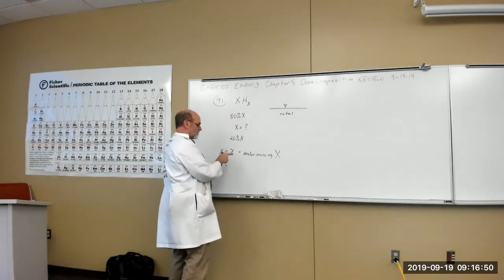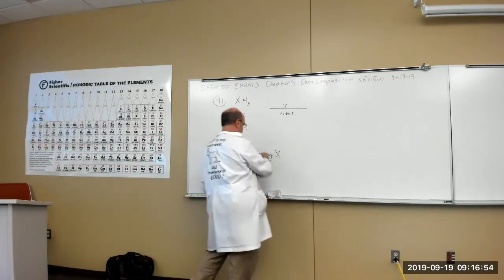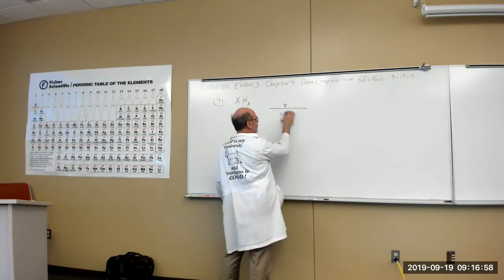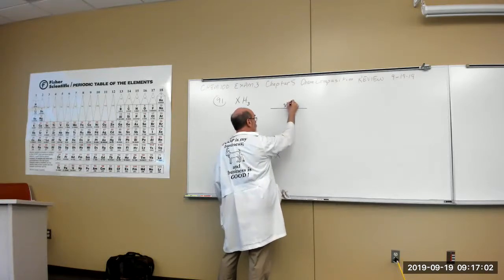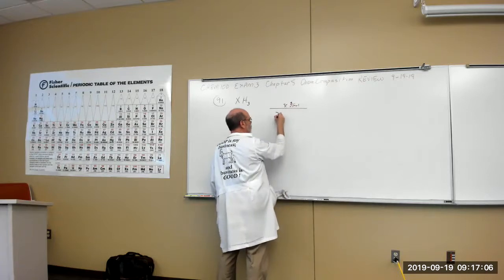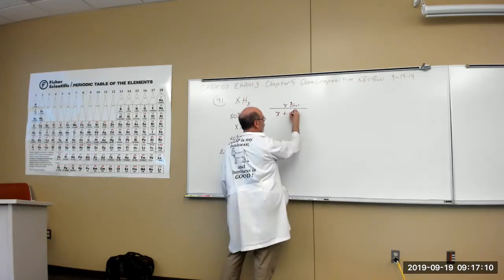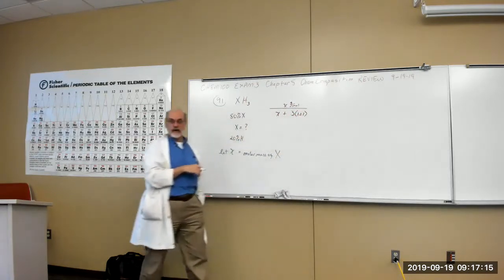If we do that, then all we have to do to find this percent is put the amount of X up here and then the total on the bottom. If this is grams per mole, then the total on the bottom is going to be that plus whatever this one is. And we know what that one is: 3 times 1.01.